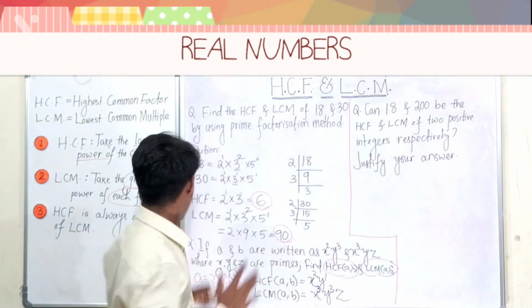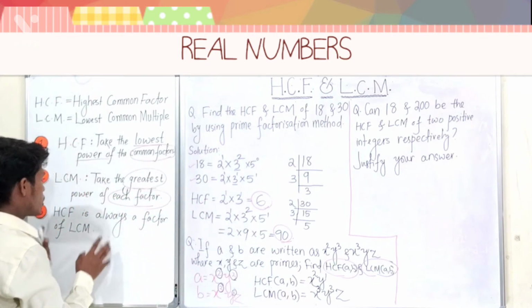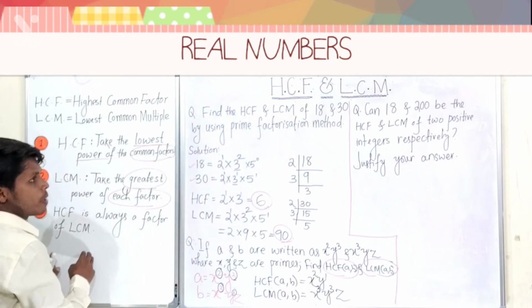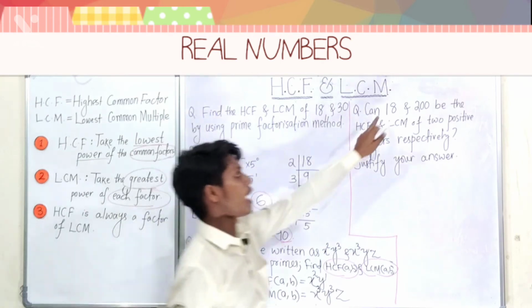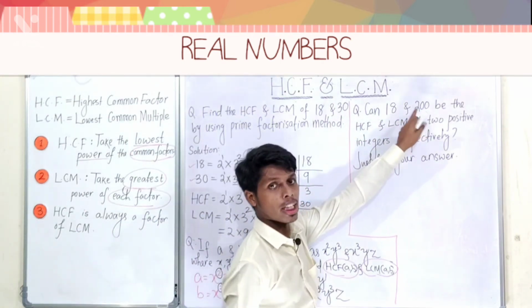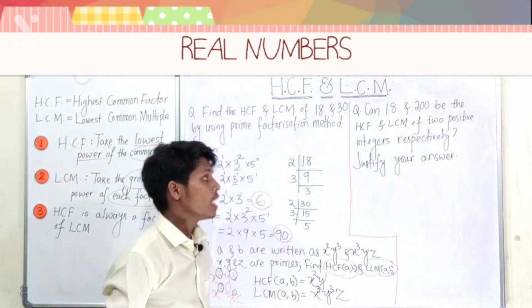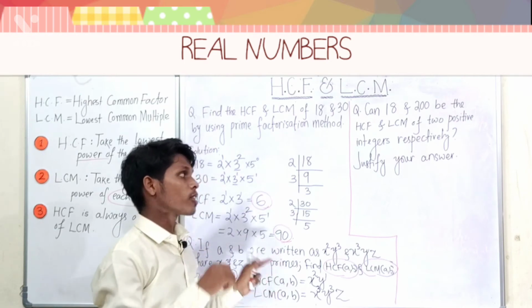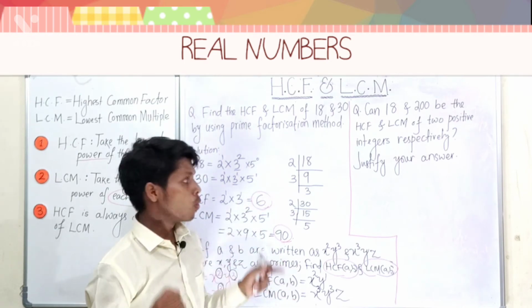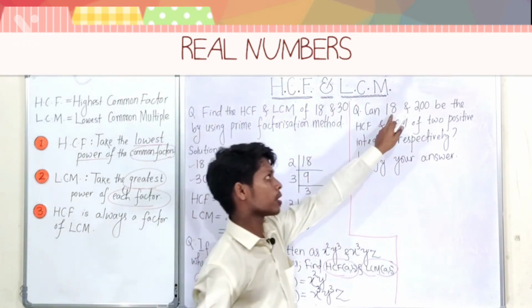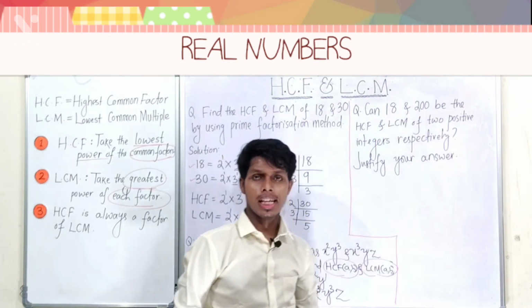How to check it? You have to apply this concept. As we know, HCF is always a factor of LCM, so you have to check whether 18 is a factor of 200 or not. If 18 is a factor of 200, then there are some possible integers which have 18 as HCF and 200 as LCM.